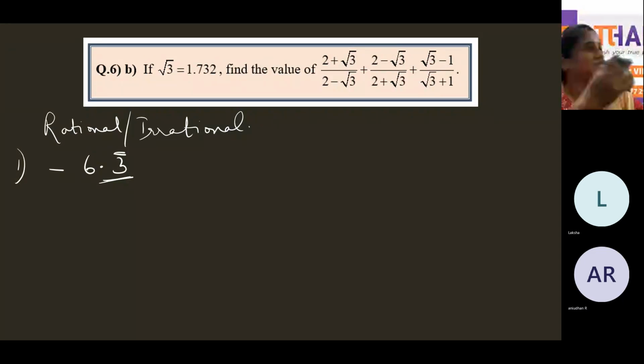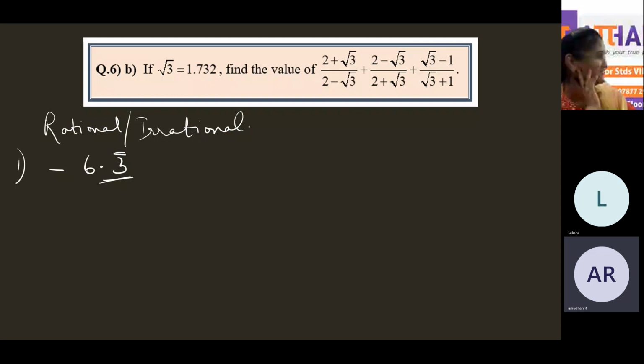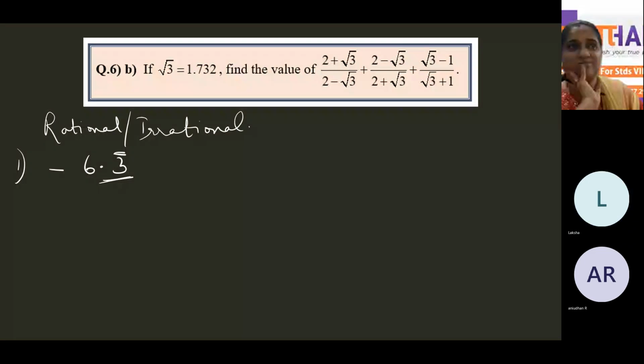No, ma'am. Okay, is it non-terminating repeating? How many of you say non-terminating repeating? How many of you say non-terminating, non-repeating?